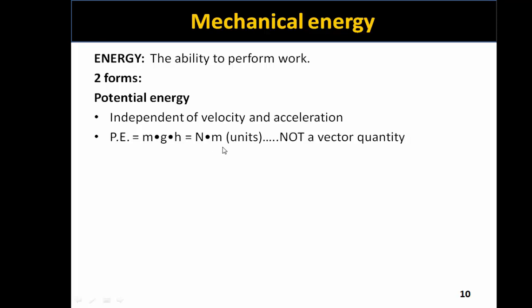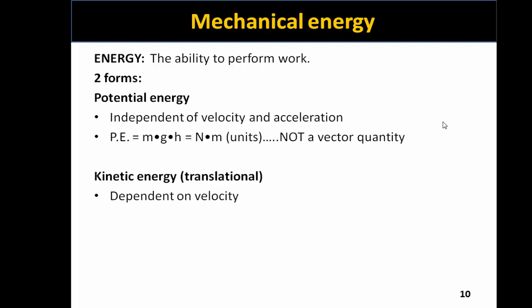It's very important that we note that the Newton meter is the identical unit used when quantifying torque, or a moment of force. But recall, a moment of force is a vector quantity. Energy is not a vector quantity, as we can quantify its magnitude, but we cannot quantify its direction.